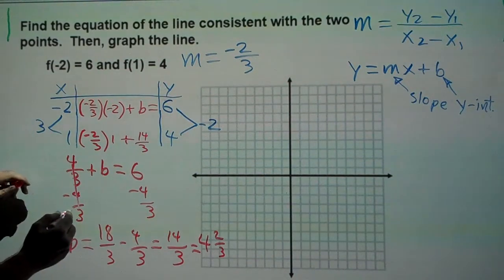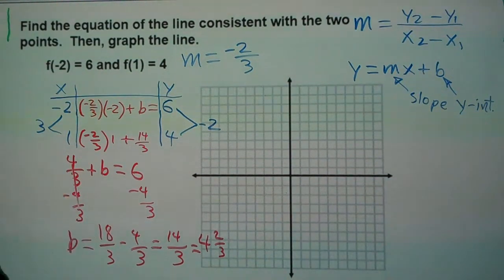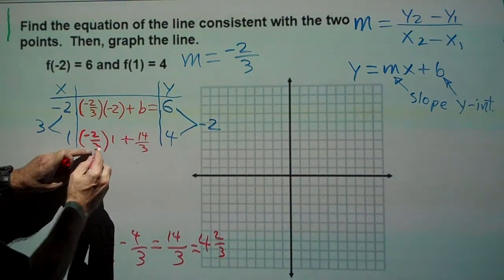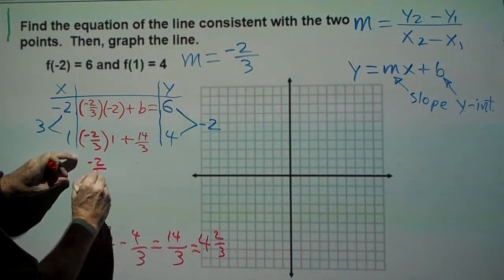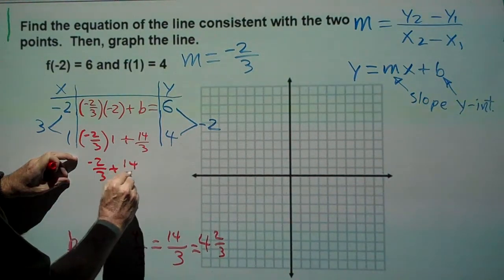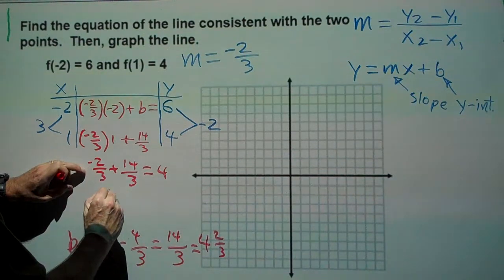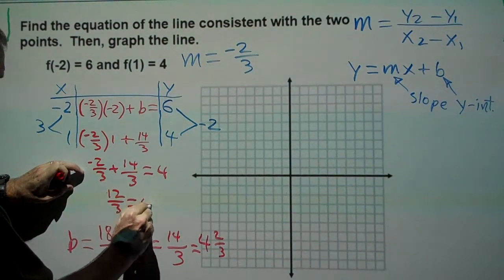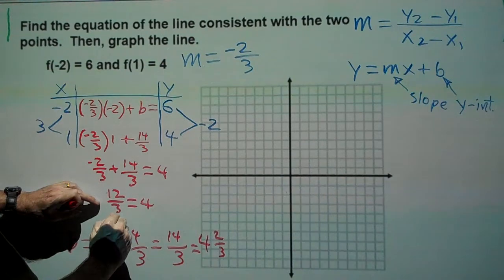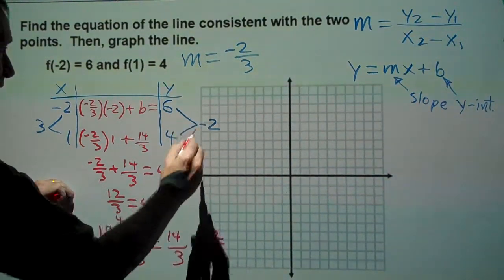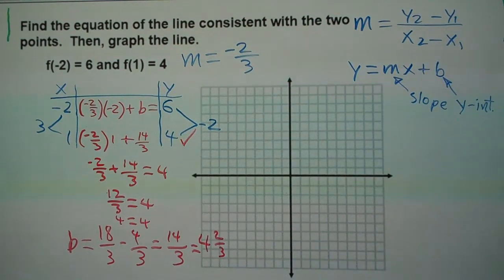See if that checks out. What we have is negative 2/3 times 1 plus 14/3 equals 4. Negative 2 plus 14 is 12/3, equals 4. 12 divided by 3 is 4. So we have 4 equals 4. Check. So this point checks. Now we're going to plot the points and see if these 2 points find themselves on the line.